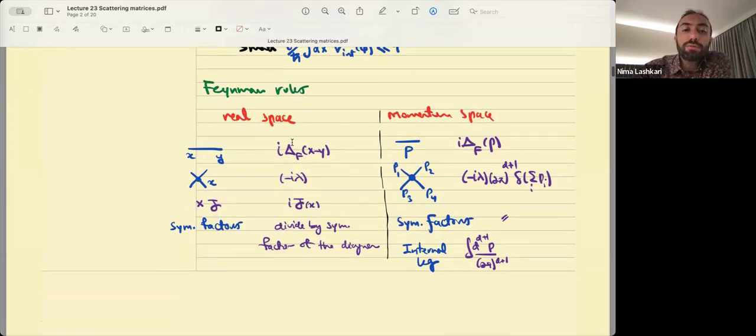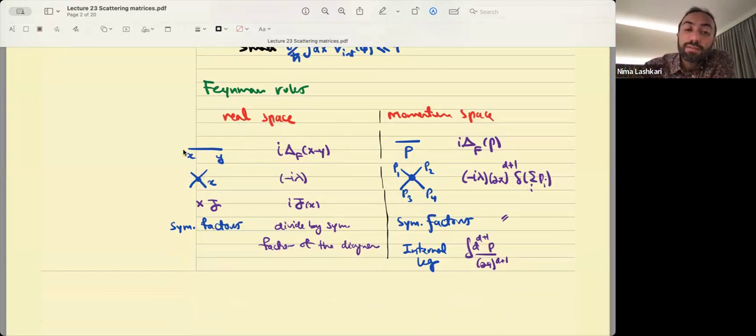All right, so the Feynman rules in real space would be a propagator for the scalar field between x and y. This is a propagator i delta F, a Feynman propagator, which is the Fourier transform of i over p squared minus m squared plus i epsilon.